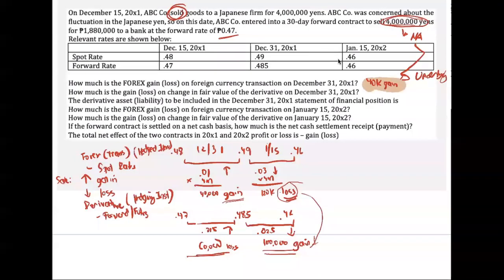Okay? 40,000 gain. Next, how much is the gain or loss on the change on the fair value of derivative? So derivative naman tayo. So, sa derivative, meron tayong 60,000 na loss.